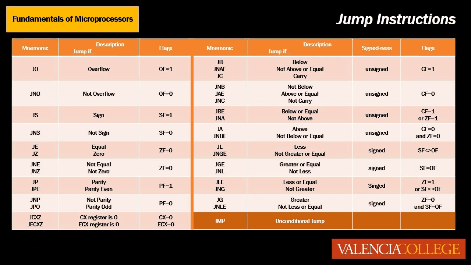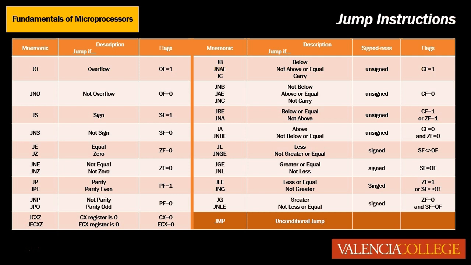There is only one unconditional jump instruction, the JMP instruction. The JMP instruction directs the program to the given label regardless of anything that happened prior to the jump instruction, or with no regard to the contents of any flag. In contrast, the 32 other conditional jump instructions jump completely based on flags, and in particular the carry flag, the parity flag, the zero flag, the sign flag, and the overflow flag.